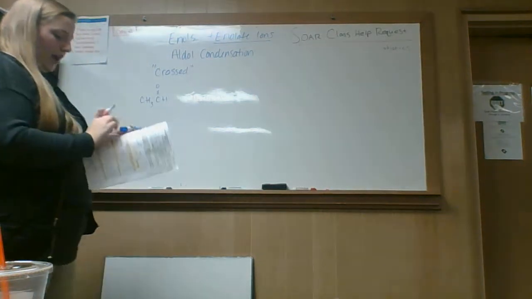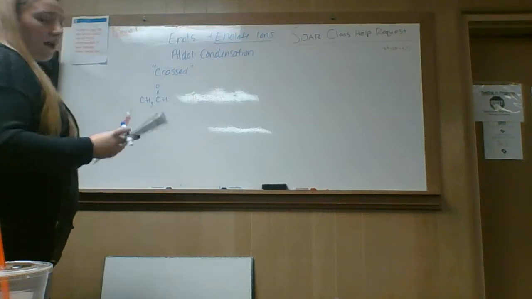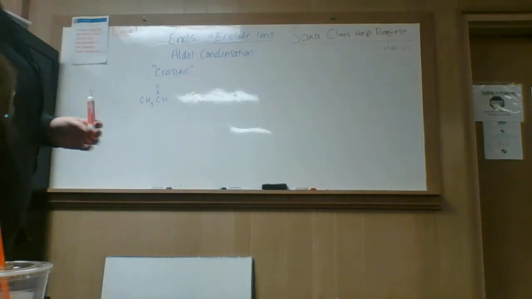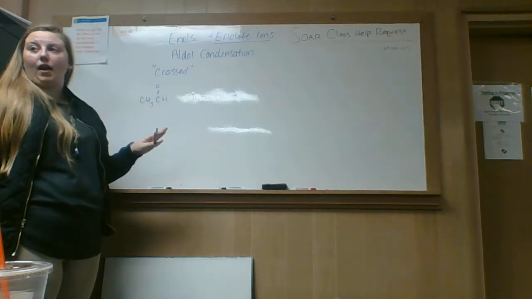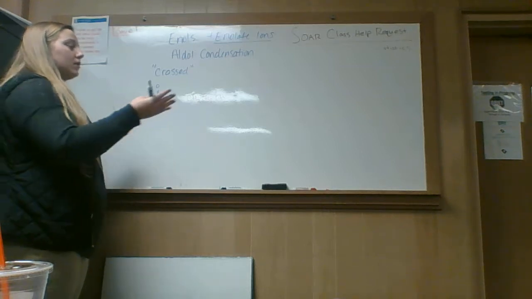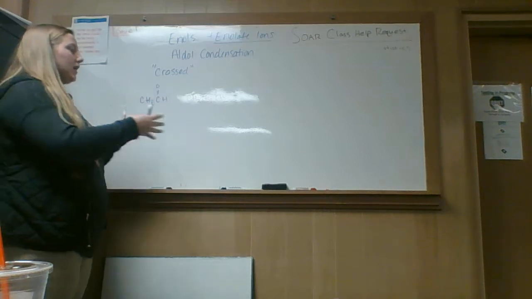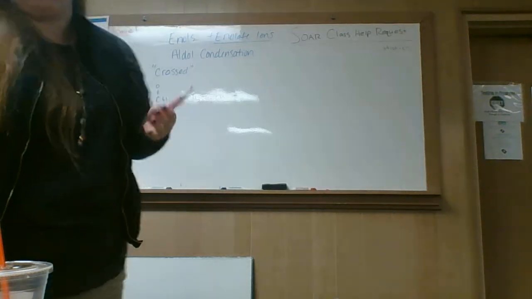We have two aldehydes in this instance, and they're reacting with each other. Both of these can form enolate anions. Once they form enolate anions, there's really nothing dictating what's going to react with what. So we end up with a variety of products.